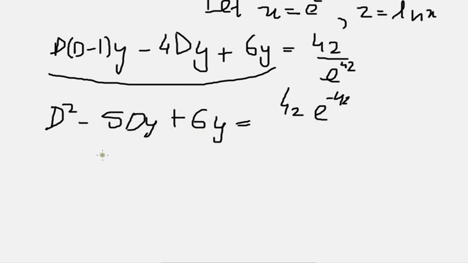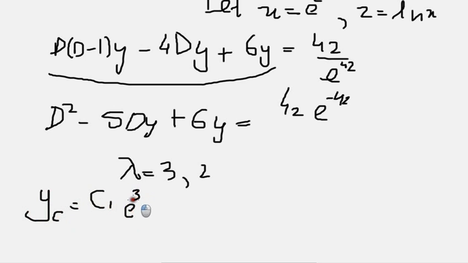We can find the roots of this equation, which would be lambda equals 3, 2. These are the roots. Now we can simply find the complementary function, which would be yc equals c1 into e to the power 3z.